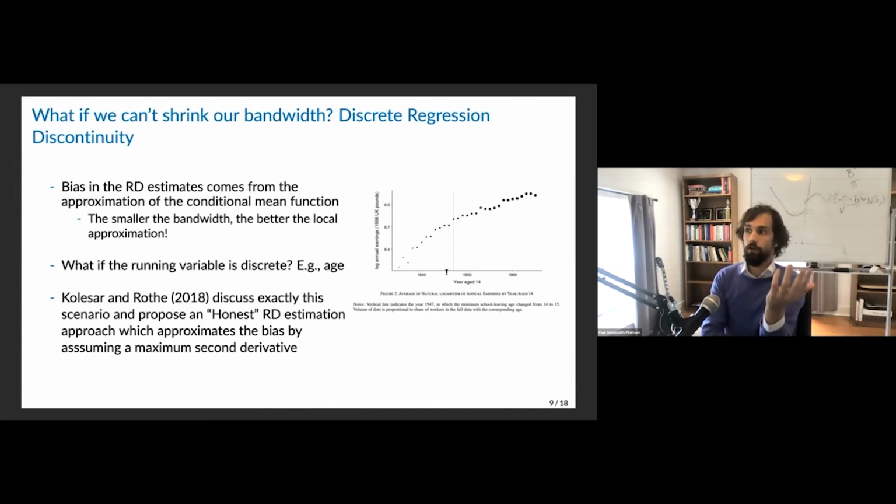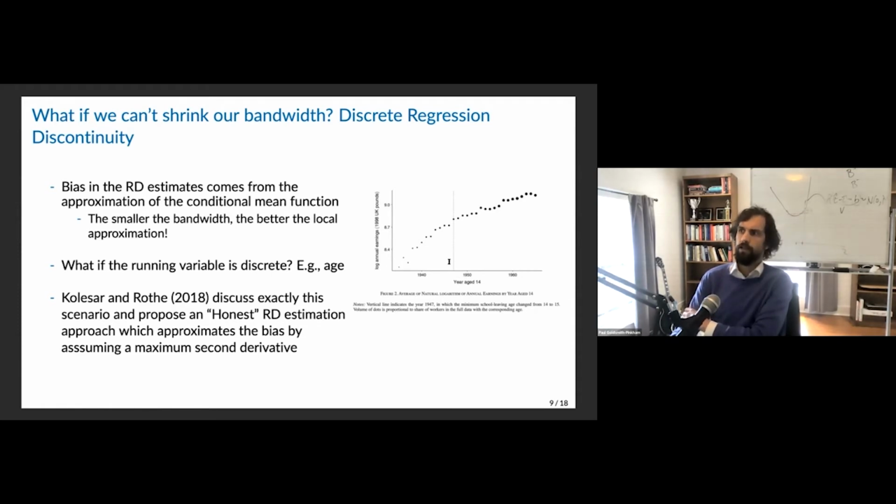Age is a good example here. This is from a Phil Oreopoulos paper. What if the running variable is basically discrete? To give you a case of this, although my own work has this too, this is looking at the impact of a compulsory schooling age law in the UK.